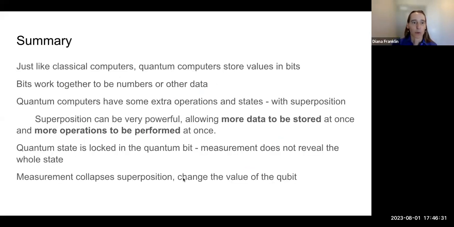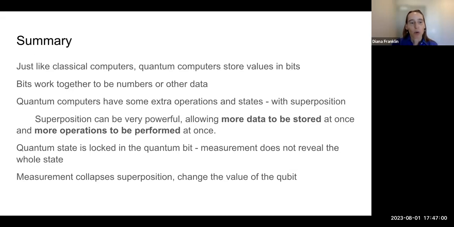Just to summarize, quantum computers also store bits just like classical computers do, and bits in both systems work together to be numbers or data. But quantum computers, the qubits, have extra operations and states. They have superposition, they have phase, and this allows more data to be stored at the same time and more operations to be performed at once.